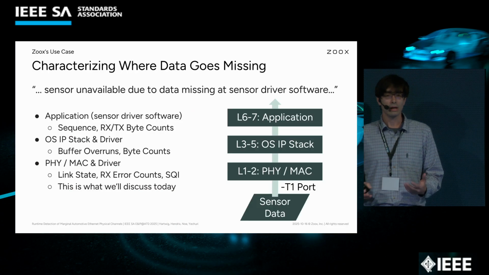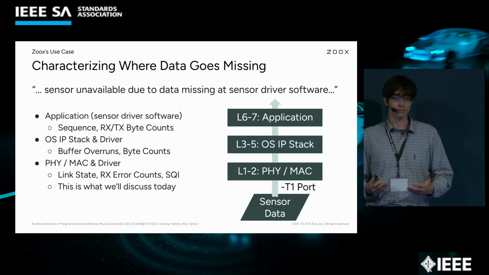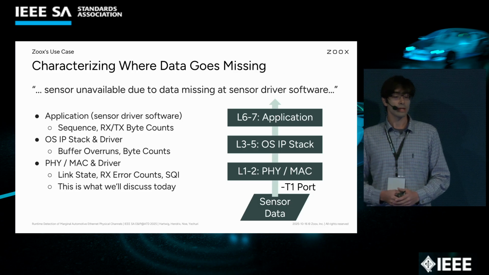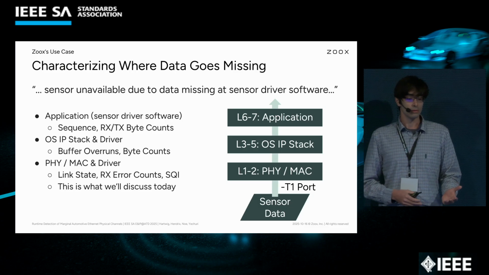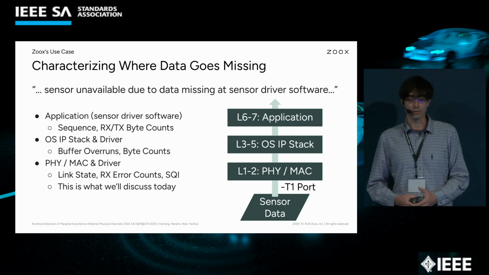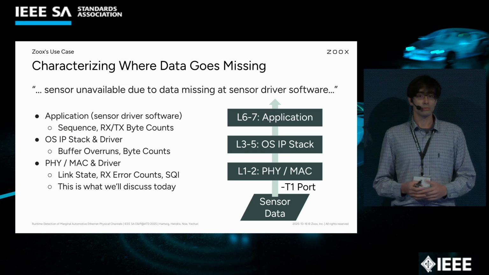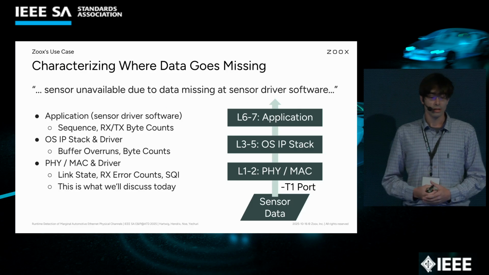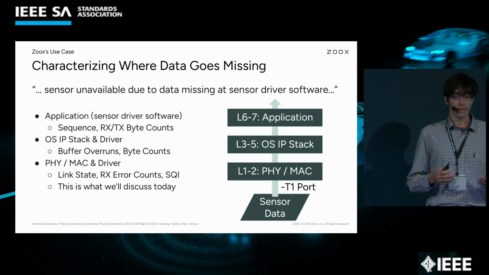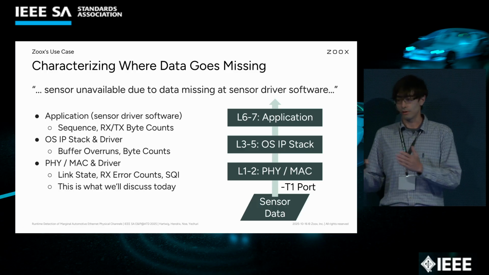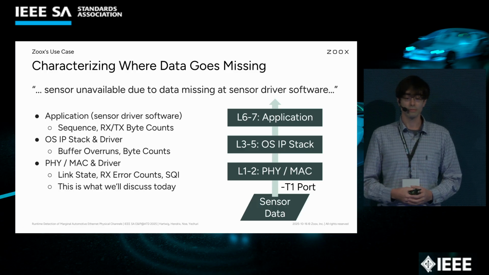Which brings up how does our engineering team usually get looped into something like this? Often we would get a ticket that reads like, the sensor data is unavailable at the sensor driver software running on the high-performance computer. So thinking about this in terms of OSI layers, which some of the presenters yesterday were talking about, this is more like layer 6 or 7, the application layer, where the data didn't get to the final receiver.